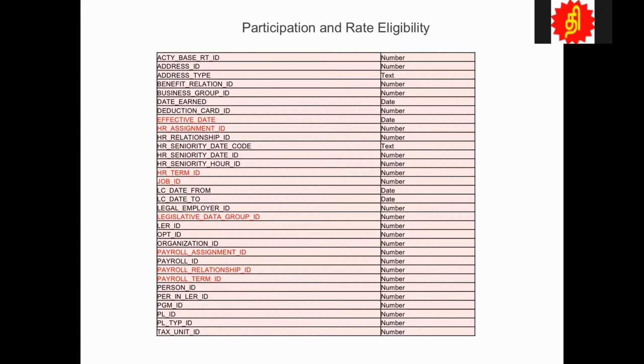So it uses effective date, assignment, term, job, legislative, payroll assignment ID, payroll relationship ID, payroll term ID. I think date and effective date are the same, but you can use either; it's the same information. Probably I might not have mentioned person ID also, probably you will get it. This is what you get from compensation when it calls the eligibility as a context.